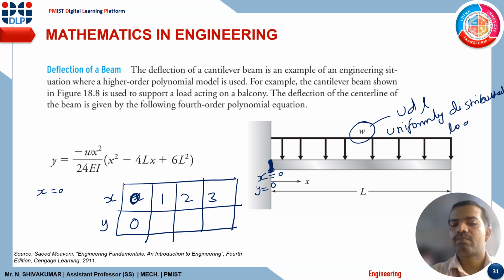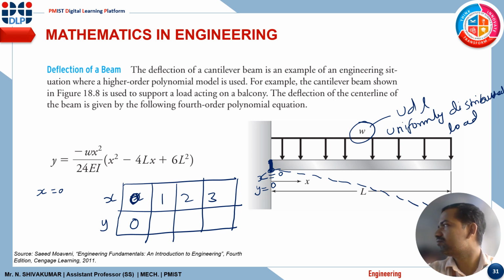Even though it is a uniformly distributed load, the deflection is not going to be like this, but as we progress in the x direction, it looks more like this. Is it following a linear or non-linear trend?